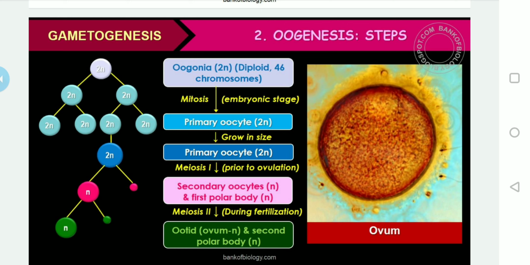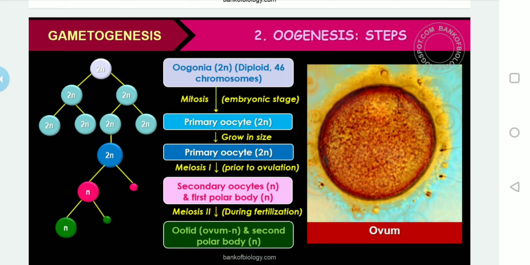Let me summarize the whole process. Before that, let me define the process of ovulation. The release of the ovum or secondary oocyte from the ovary or Graafian follicle, and its deposition at the ampullary isthmic region or fallopian tube, is called ovulation.